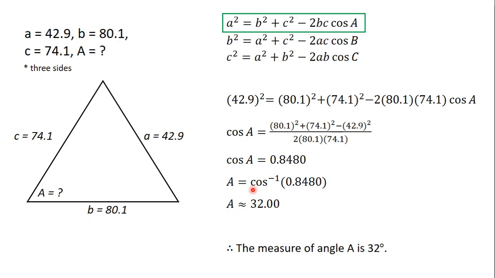I have said a while ago that you can write arc cosine as cosine raised to negative 1, but you cannot read this as cosine raised to negative 1. It is always read as arc cosine. Then by using our calculator, we get the approximate value of A as 32. So the measure of angle A is 32 degrees.